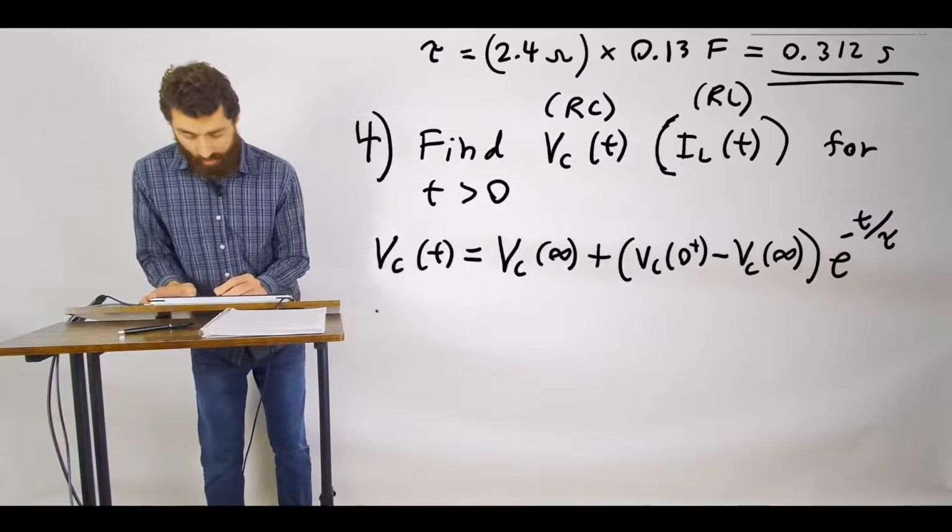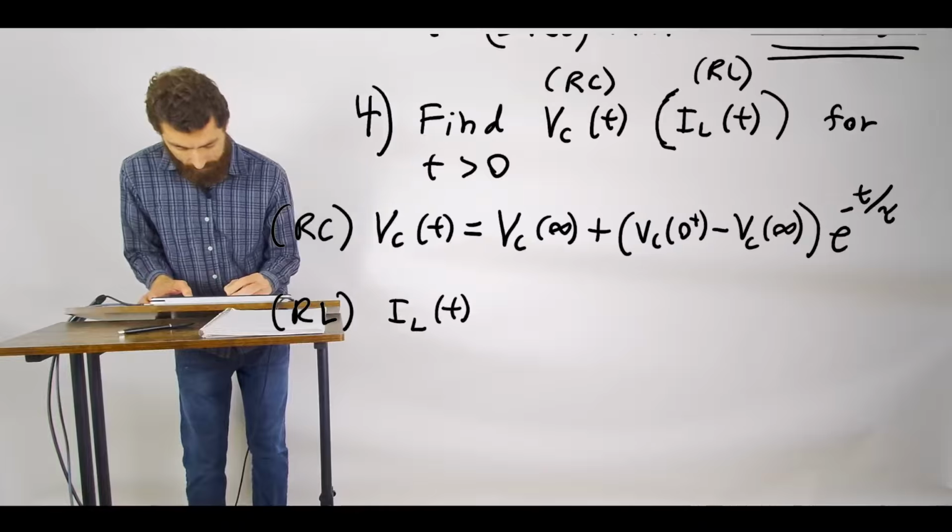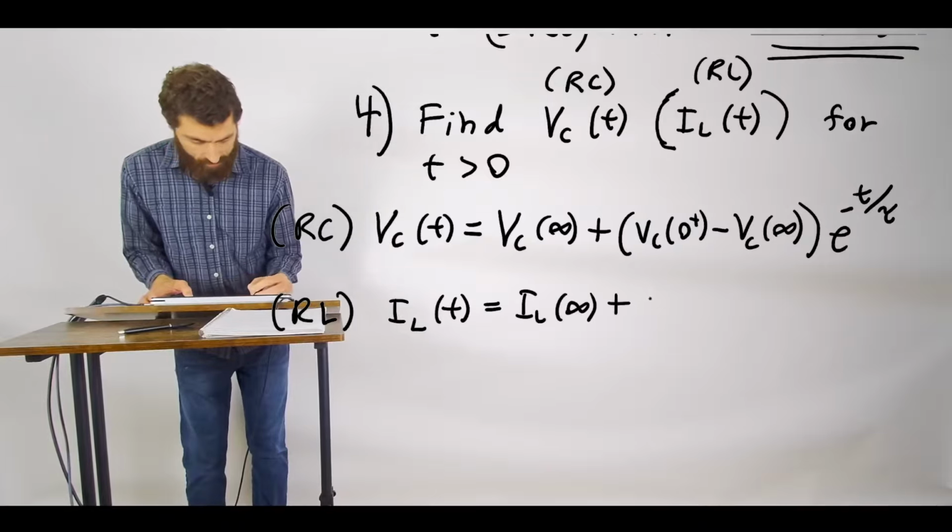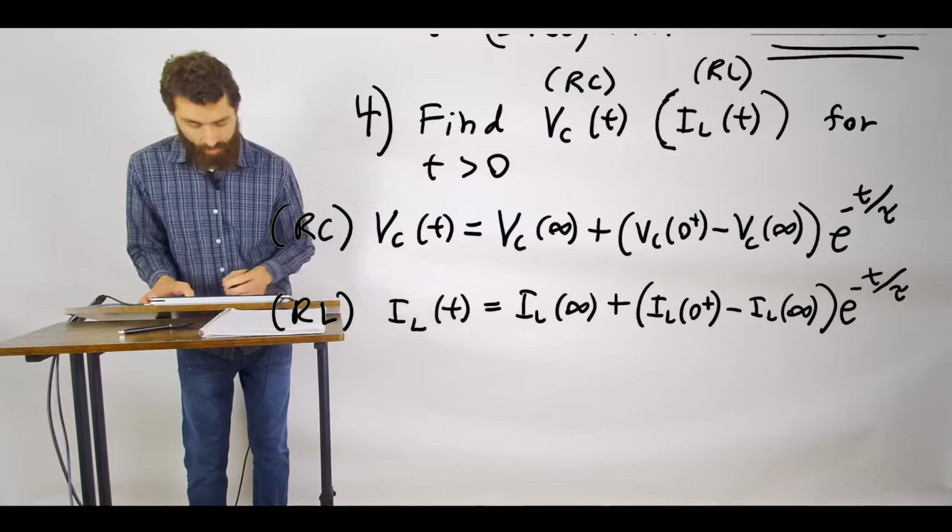In the same way, if you're dealing with an RL circuit, then you can describe the current through the inductor after it switches as IL of t is equal to IL of infinity plus IL of 0 plus minus IL of infinity, all times e to the minus t over tau.